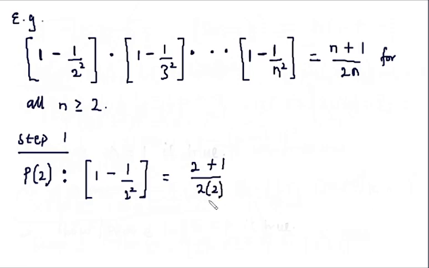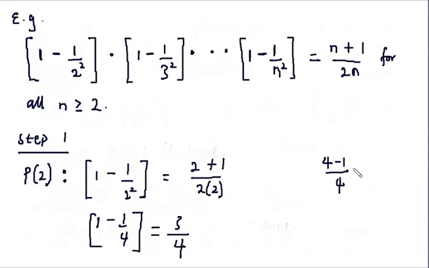So from here we know that 1 minus 1 over 4, and on the other side, 2 plus 1 is 3, and 2 times 2 is 4. So 1 minus 1 over 4 is 4 minus 1 over 4, which is 3 over 4, and this is equal to 3 over 4. Okay, so we've proven that p of 2 is true.